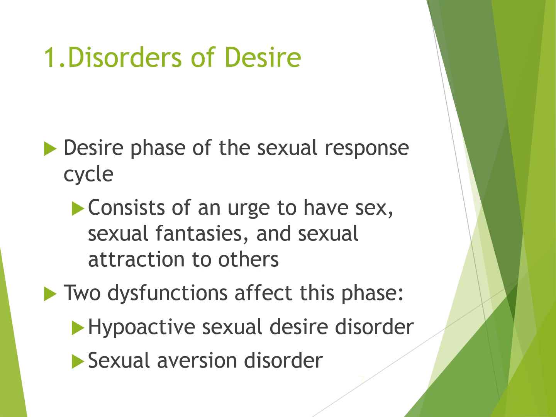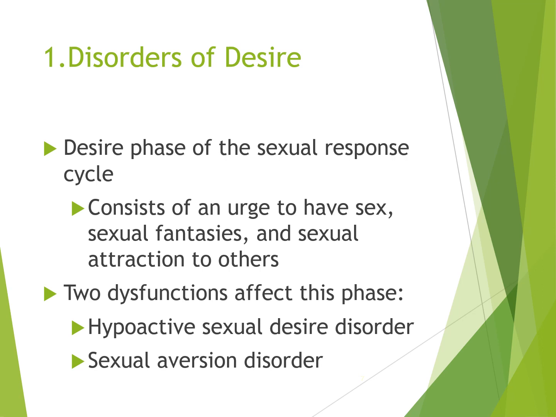The first disorders are to do with the desire. Now, the desire is a phase of the sexual response cycle whereby someone has an urge to have sex, and or they have sexual fantasies and sexual attractions to others. So basically, there's a desire to have sex.